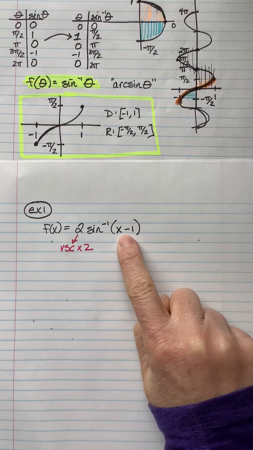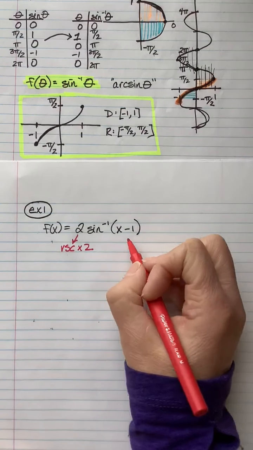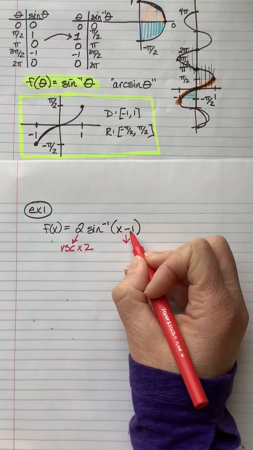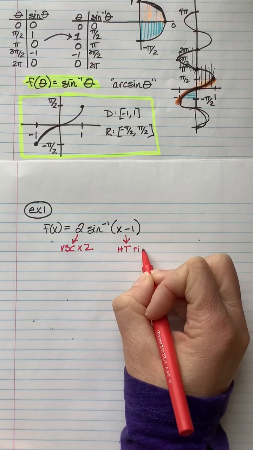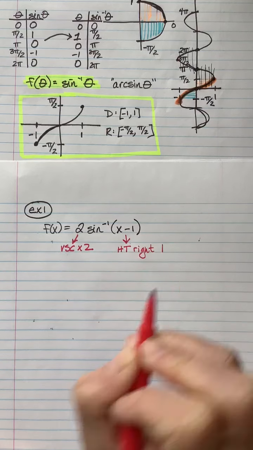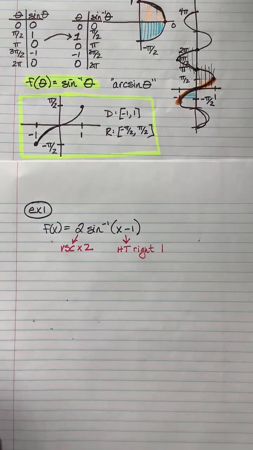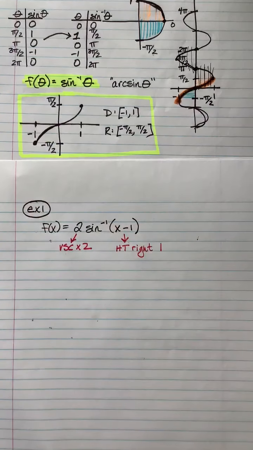And I can tell that my inputs, I have been translating inside the inverse. This is going to be a horizontal translation, right 1. Now we're not in radians, we're in the real numbers here, which means we don't need to call it a phase shift. We can just call it a horizontal translation to the right 1.